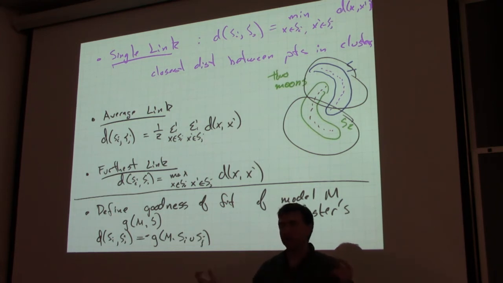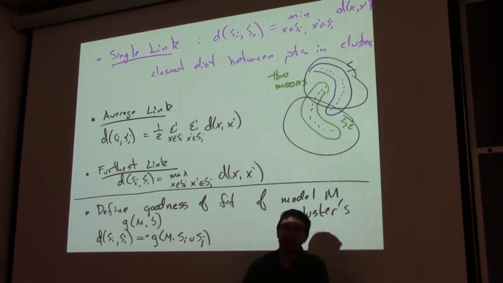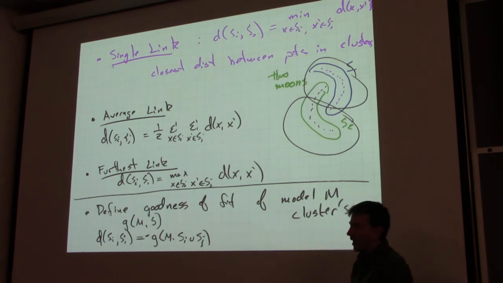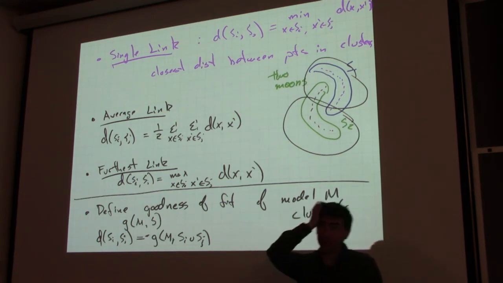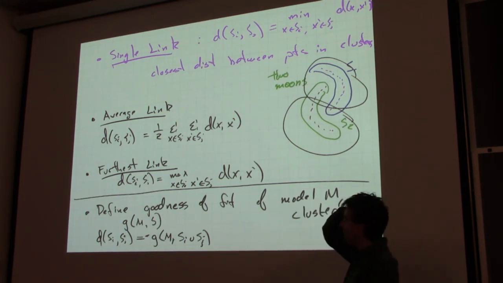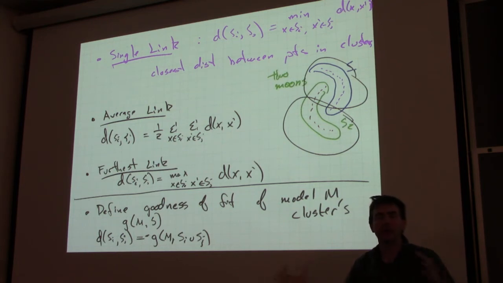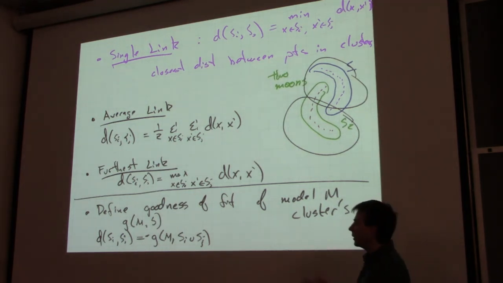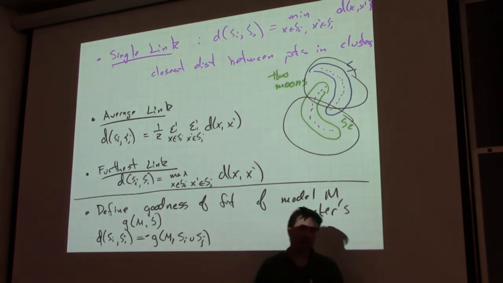Right, so I just used a distance. I said it was better when bigger, so I made it a negative. You can do that. I can do 1 minus that, or something else like that. But this model is derived from the data somehow. Right, so I want to say as long as I can fit a good enough model to two data points, then I will merge them together. And if I can't fit a good model to them, then I don't want to merge them together.